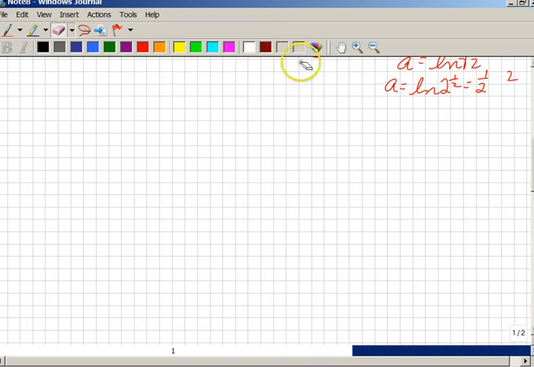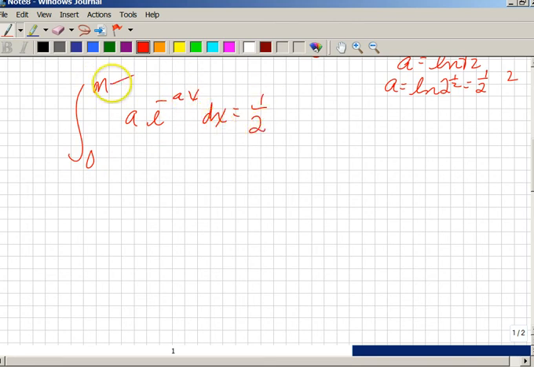I'm not going to put the value of a in it. I'm just going to rewrite it the way it was originally written. So the integral from 0 to m of a e to the negative ax dx has to equal 1/2, because the median is halfway within the integral, within the probability.